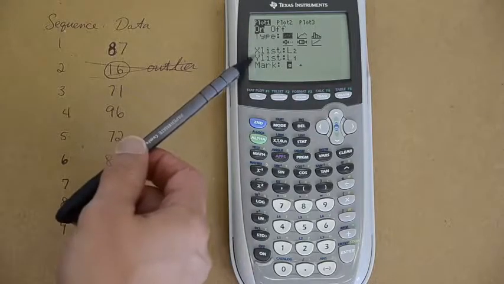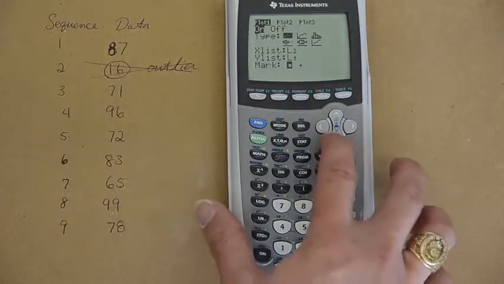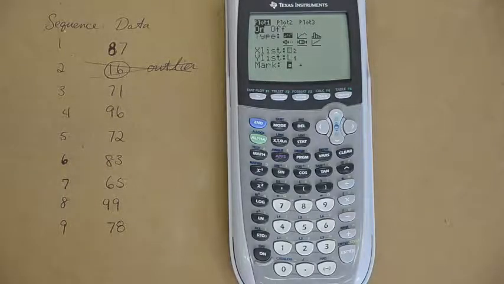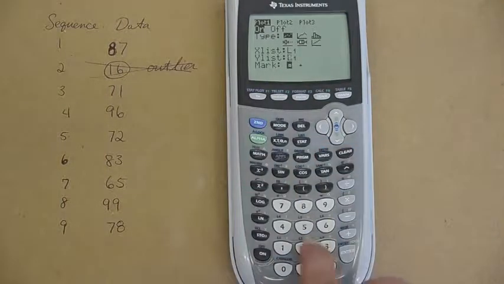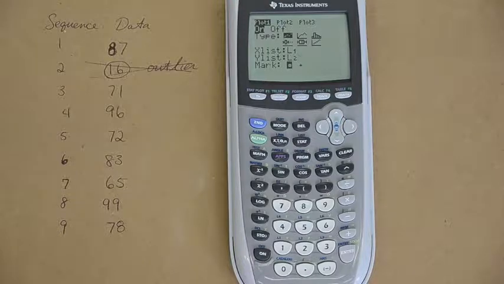It's saying where's the x's and where's the y's. Well, my X list is going to be list 1. That was the sequence of events, and my calculator right now is not set up correctly. So second L1, and for the Y list, it's going to be second L2. So my time is going to be the list 1 or X list, and my data is going to be on the Y list, which was in list 2.